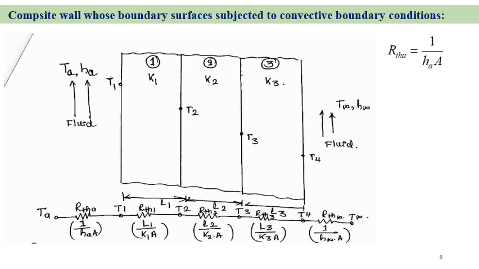Following data handbook page number 44, we can write a resistance relation for the convective condition as well as the conduction condition. R_thA is equal to 1 by hA, where A is the area normal to the heat flow and h is the inside convective heat transfer coefficient of the fluid. Similarly, R_th1 is equal to L1 by K1A, where L1 is the thickness of the first material and K1 is its thermal conductivity.